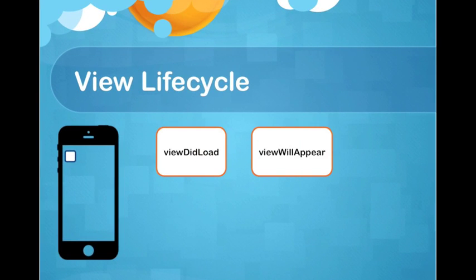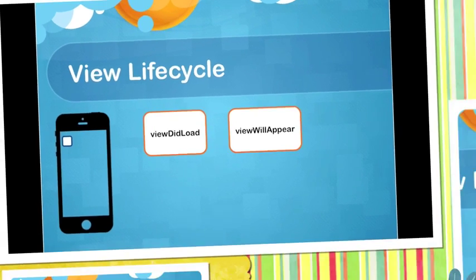This method is called each time that the view appears on the screen. So it's not a good place for initialization because it could be called more than one time during the life cycle. But it's a good place for updating the view. So if you have a tab view and you want to be notified once the user goes to another tab and then comes back to your tab again, it's a good place to update the view.